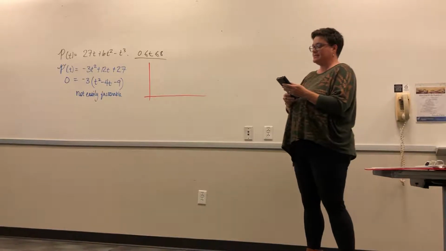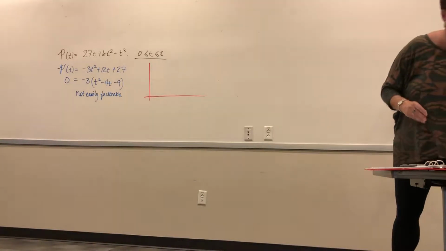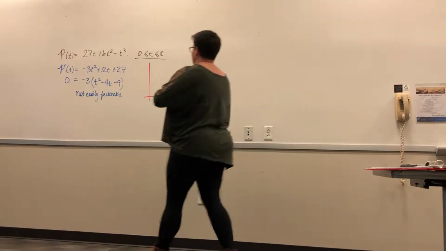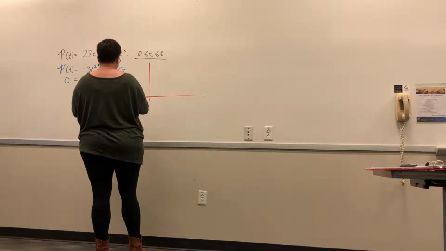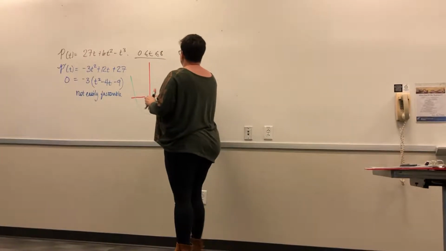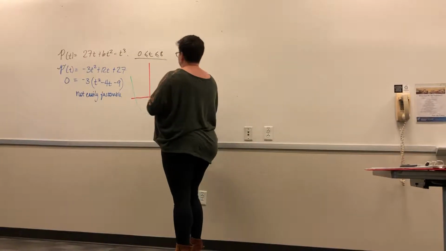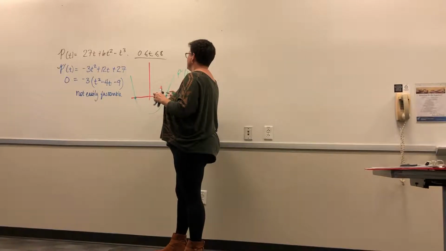So if I graph this, I'm graphing the derivative, guys. I get a function that looks like this. This is P prime. So I'm gonna have 2 places on the original function where the slope is 0.